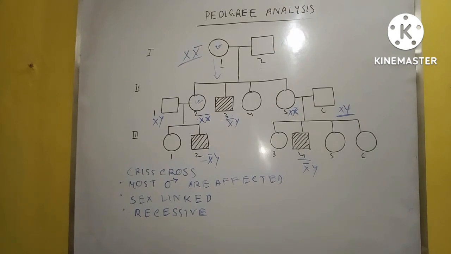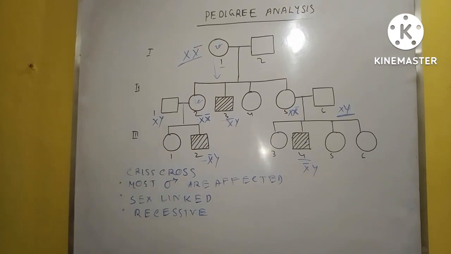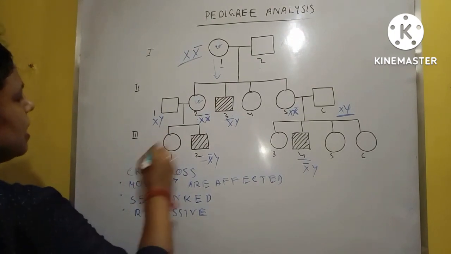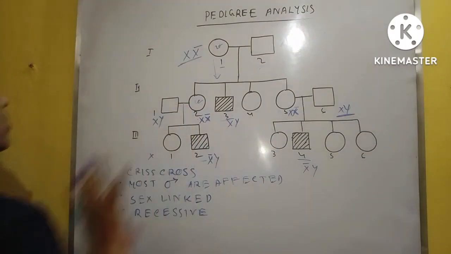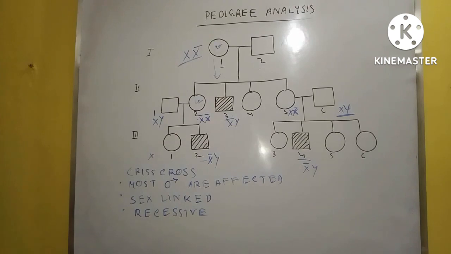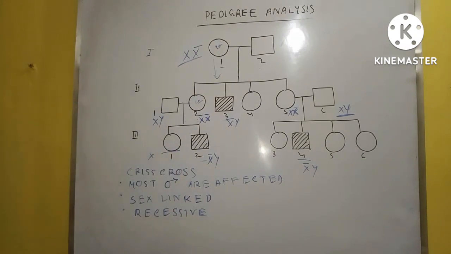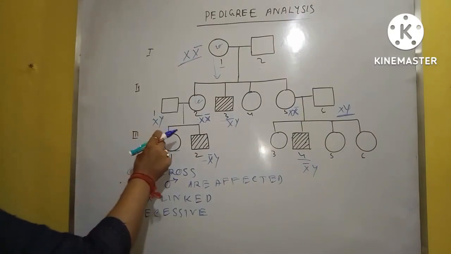Here, whether this is a carrier or not, generally we cannot say, because the X gene comes from the mother, or sometimes a normal X gene comes from the father. It is not possible to identify whether it is normal or carrier. If we can see what happened in each generation, then we can easily calculate.